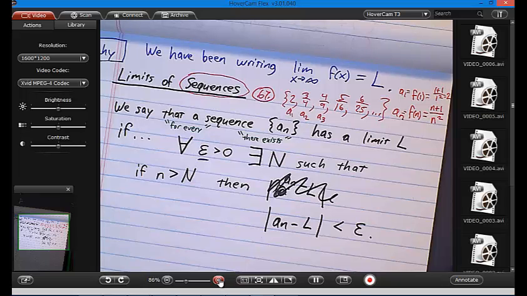Because I think it's a really nice way to understand the definition of limit. If you can understand the limit of a sequence, then you can understand the general definition of limit that we've been talking about all chapter. And so I wrote this definition down. Actually, we should read it out loud, and then we'll go from there.